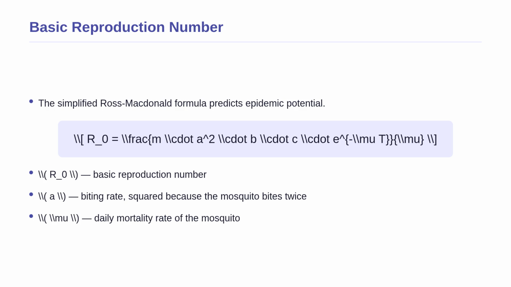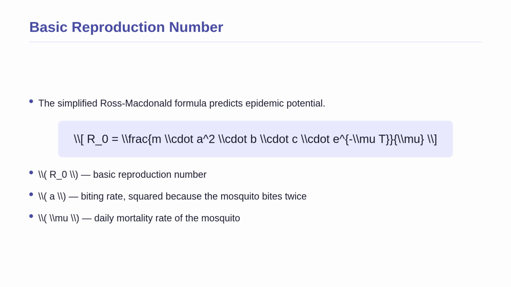With the biological mechanisms understood, we must now ask how epidemiologists predict the spread of these diseases. They use a mathematical concept called the basic reproduction number, or R0. This formula, a simplified version of the Ross-McDonald equation, calculates the average number of new human infections generated by a single infected human. Let us look at the key variables.